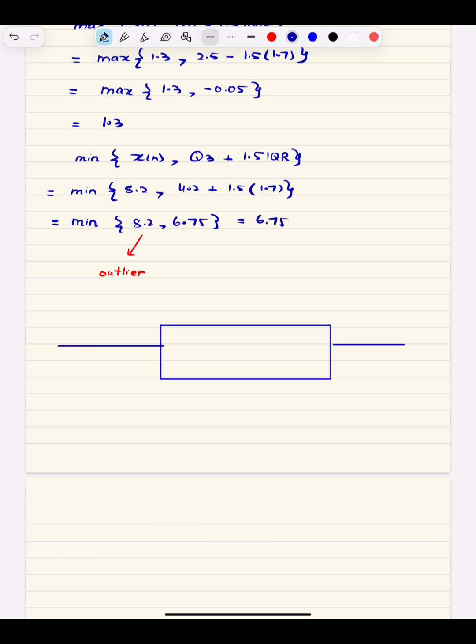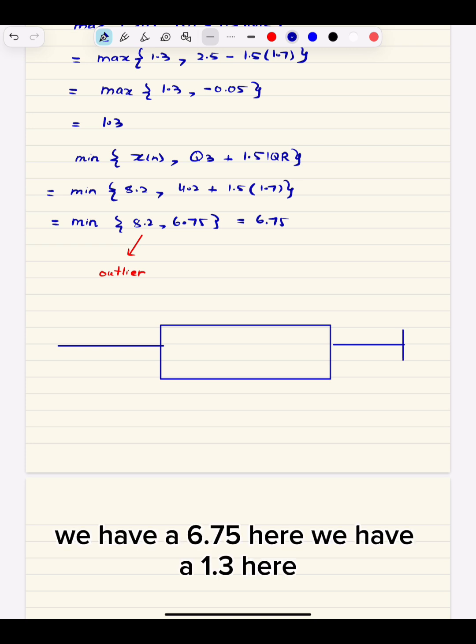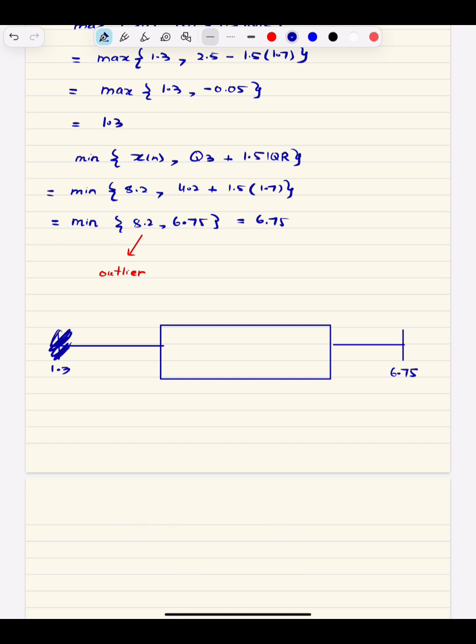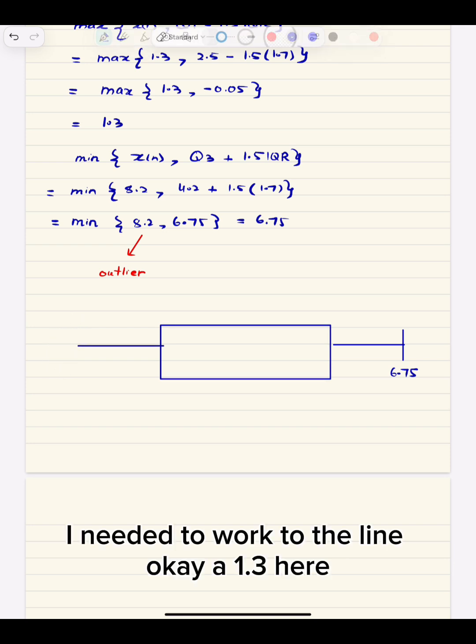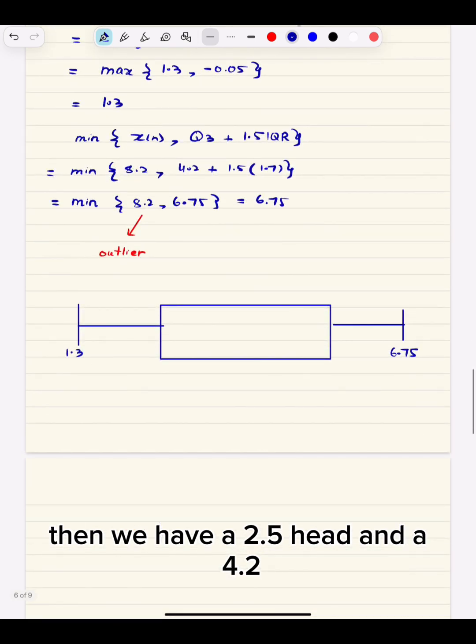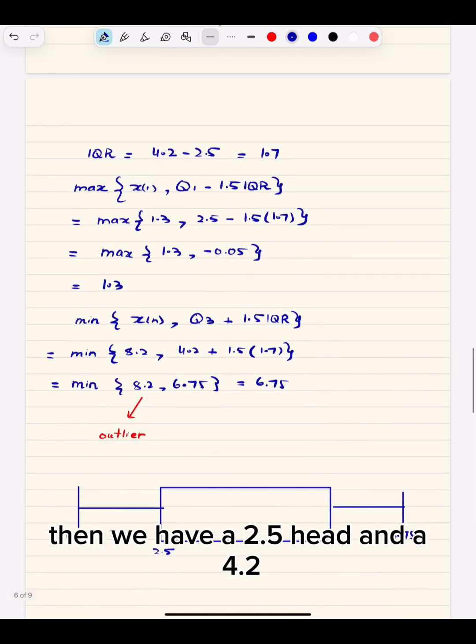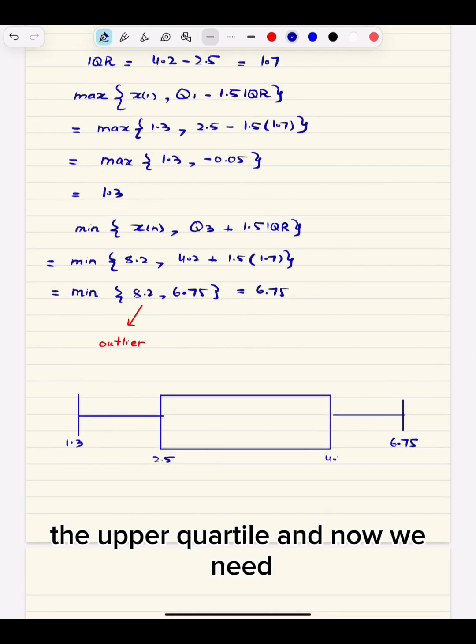We have 6.75 here. We have 1.3 here. Then we have 2.5 here and 4.2, the upper quartile.